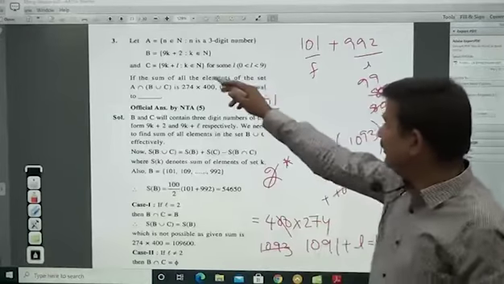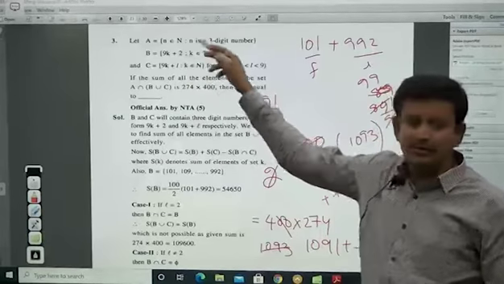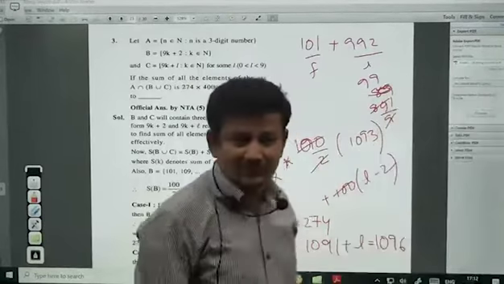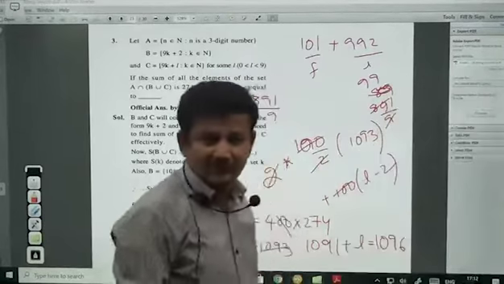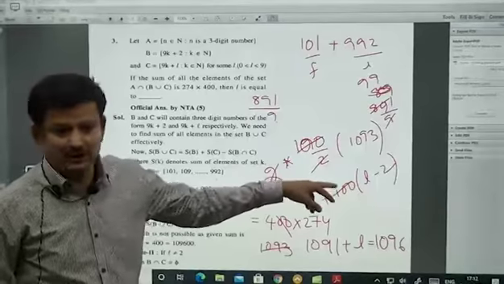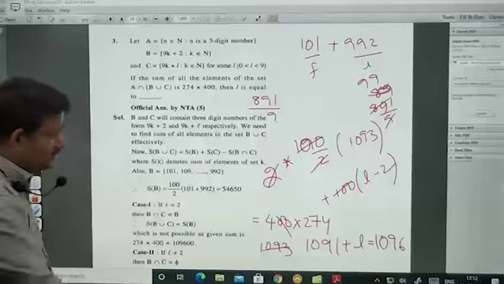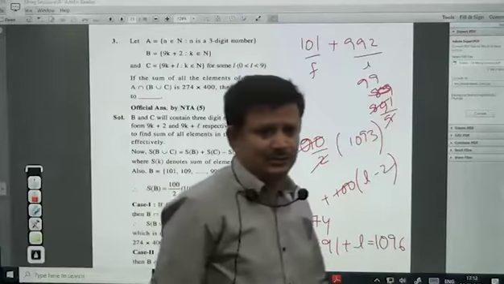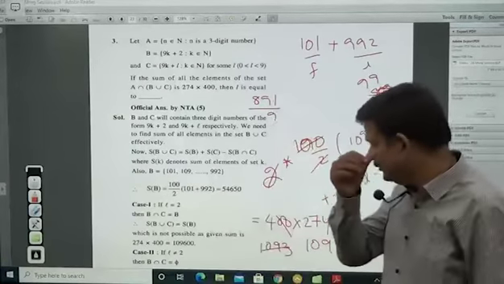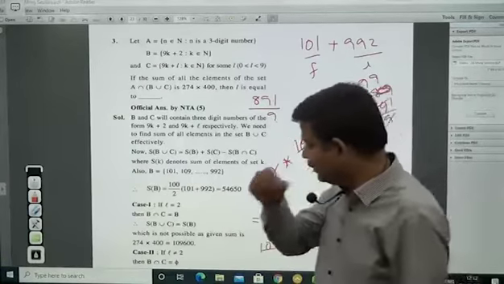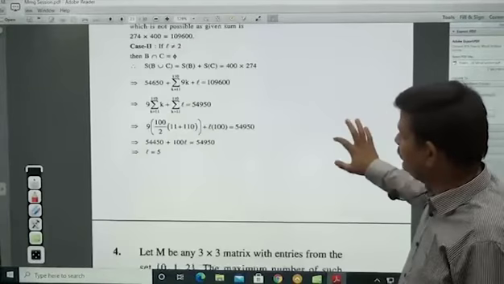So plus L, if it is there, that L minus 2 will come extra how many times? 100 times. So what will be that sum? L minus 2 into 100 plus the remaining as it is. So 2 times of that. 2 got cancelled. 100 got cancelled. L is 5. So this way you are able to avoid some calculations. However, it is not, I would say, a simple, straightforward question.